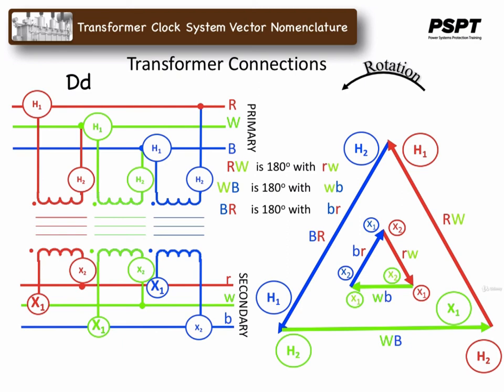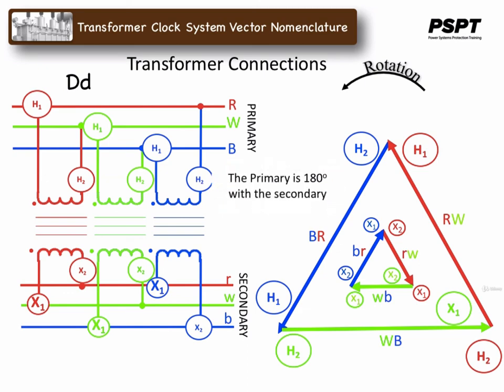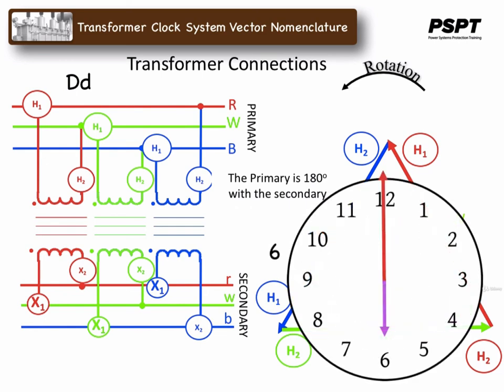The white to blue is 180 degrees out of phase with the white to blue primary to secondary, as is the blue to red primary 180 degrees out of phase with the blue to red secondary. And in general terms, we would say that the primary is 180 degrees out of phase with the secondary. The clock face nomenclature would then be DD6, indicating this 180 degree phase shift.